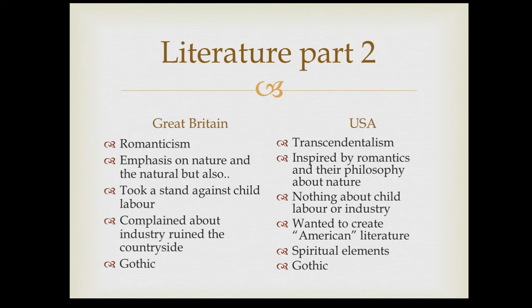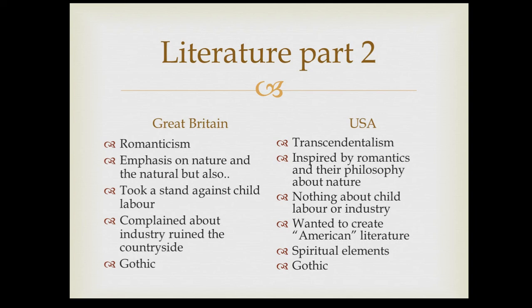Now then, similarities and differences. In Great Britain, this is called Romanticism, as I said, and in the US of A, this is called Transcendentalism. Both of these literary movements have an emphasis on nature and what's natural. But the British were a bit more political.